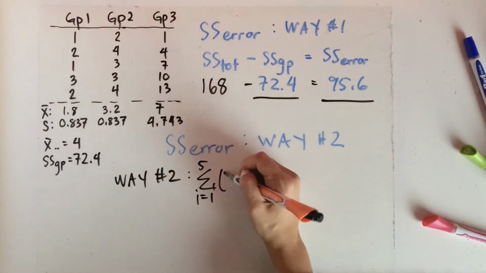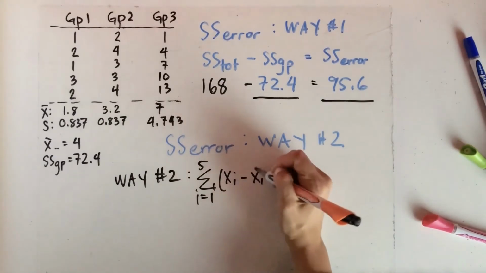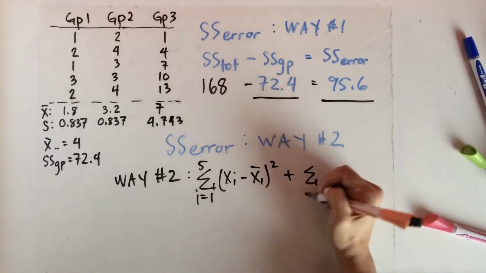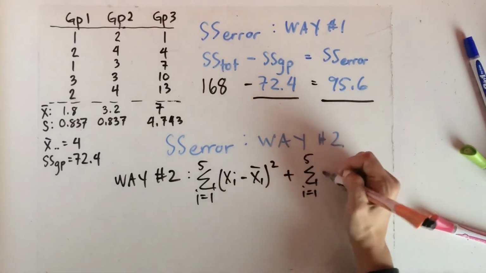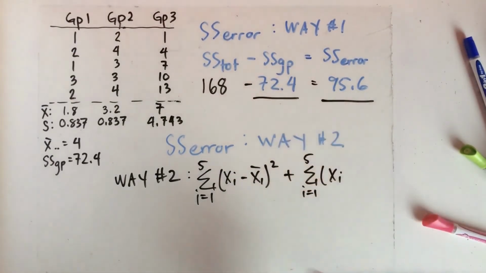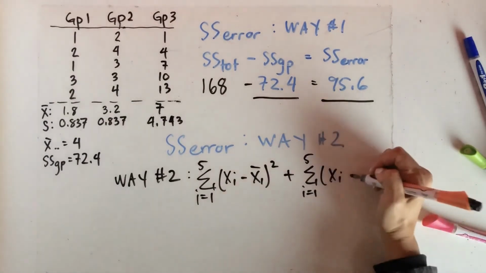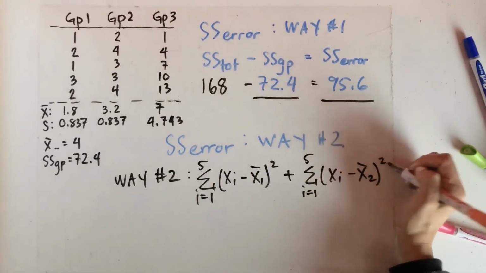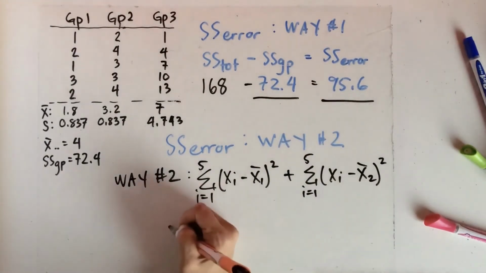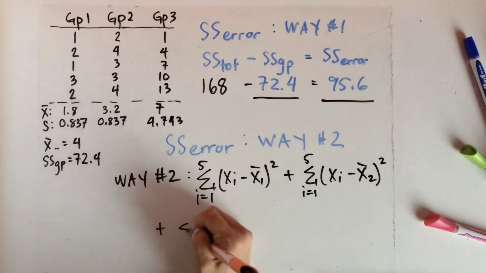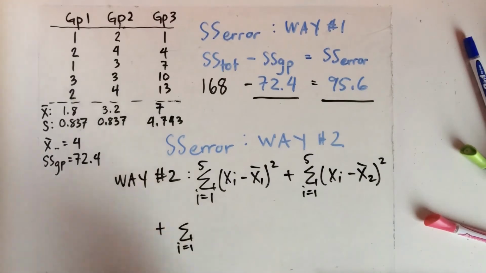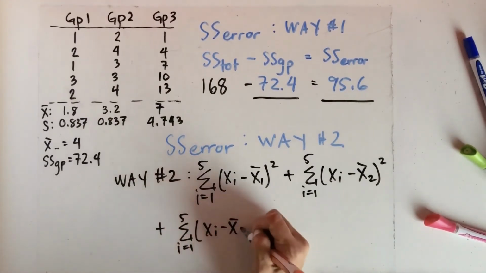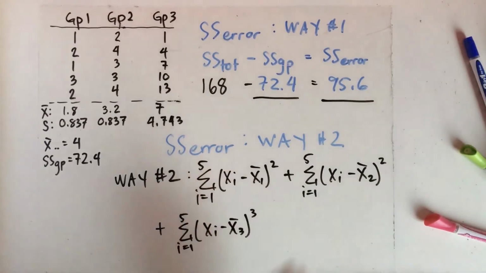So that would be written as xi minus x1 bar squared. So that's for mean 1. And then same kind of idea from 1 to 5. Individual observations denoted by x sub i, but then we're just going to subtract x2, mean 2 rather. And then we're going to add to that some more error. So i equals 1 to 5 of xi minus x bar, but 3, the third.